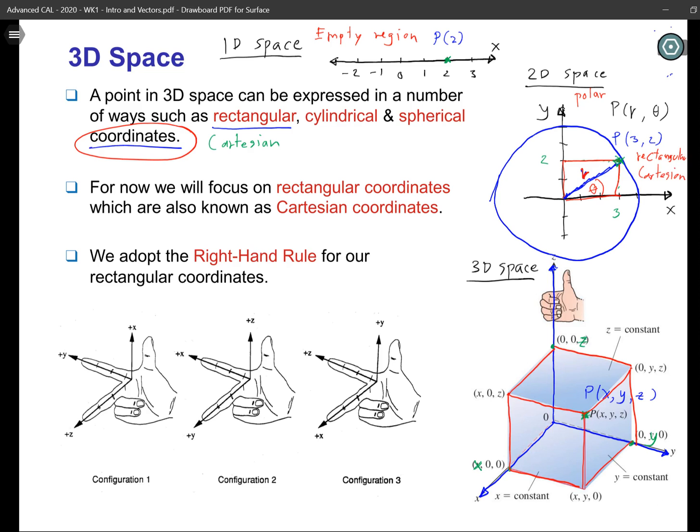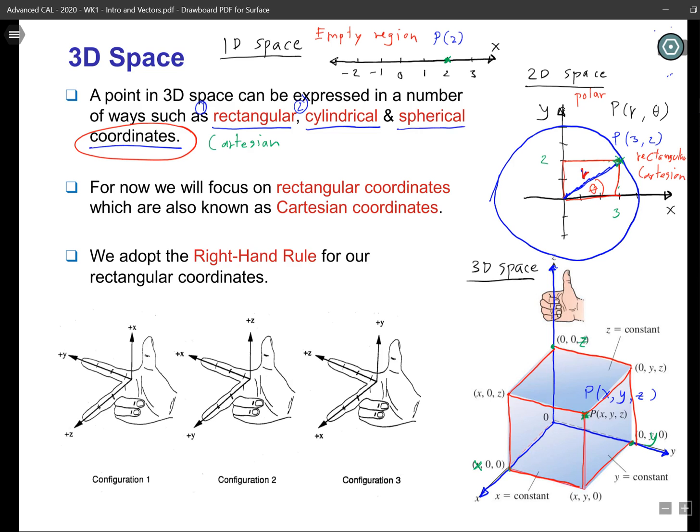Now, when it comes to 3D space, it turns out that we have more coordinate systems. The first one that we just did here is this rectangular coordinate system. But then we can use the cylindrical coordinate system to locate a point too. In this case, we are going to use an object with the shape of a cylinder to locate a point. And then, not just a cylinder, we can use a sphere to locate a point.